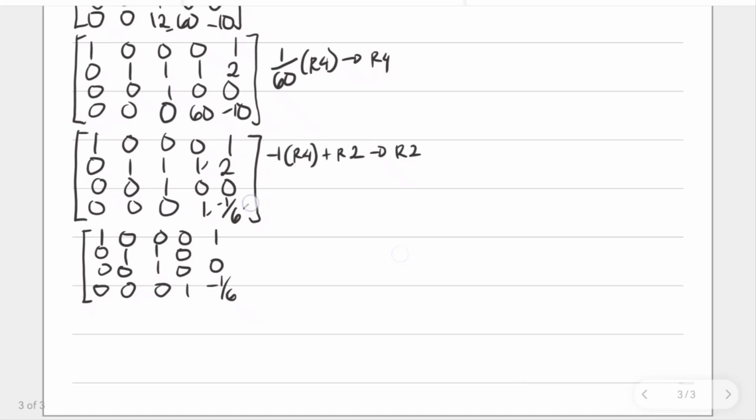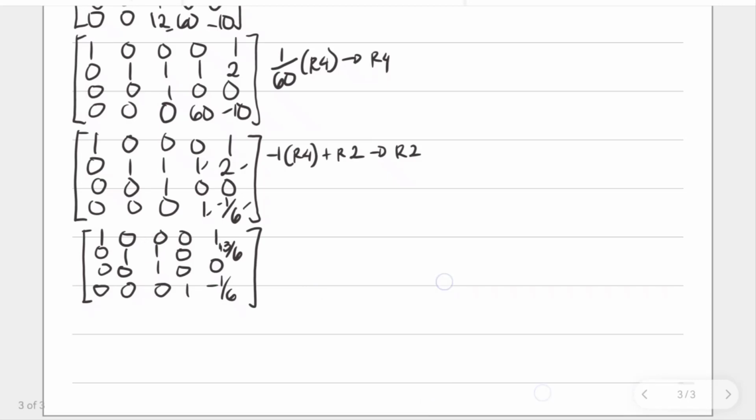Negative 1 times negative 1/6 is positive 1/6. Plus 2 is actually 12 over 6. So plus 1 because it's positive 1/6. I have 13/6.